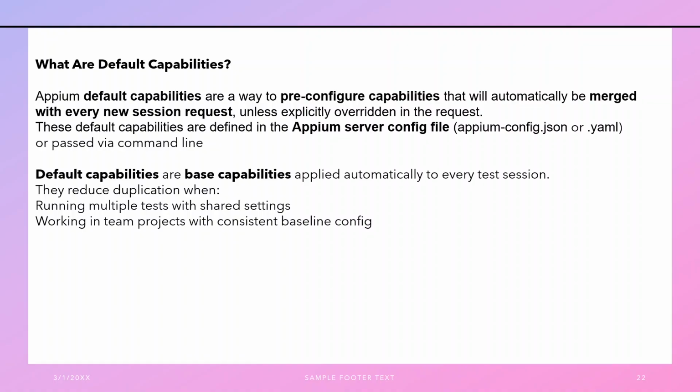So I can create these default capabilities in my configuration file and provide this configuration file to the whole team, so that for every test the predefined capabilities will be the same for each and every test and each and every team member. So this is the default capability.